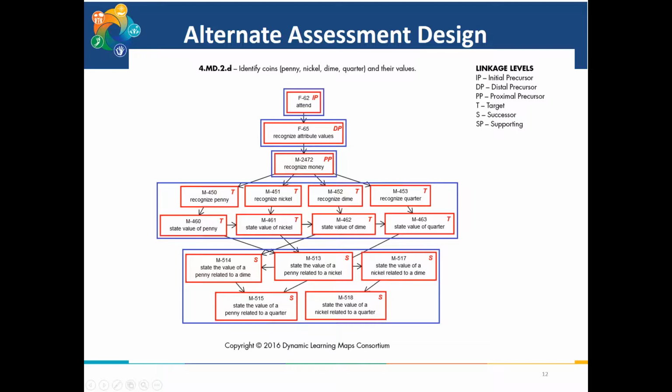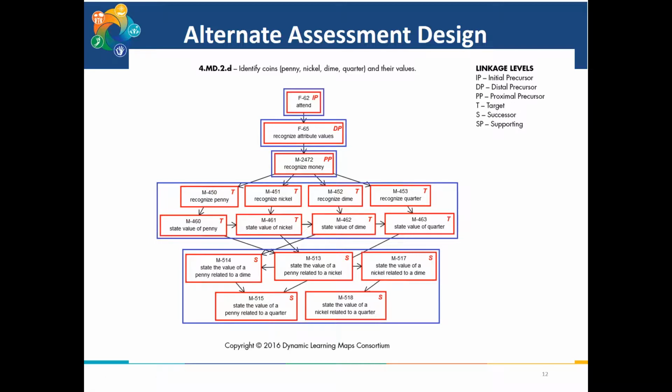So there are different ways in which you can use this assessment design to know where the students are, but also know where you want to take them. So let's say that student is attending, you may want to get them to begin to attend to the money over the ball to bring them up to this level. So this is kind of how we can use this assessment in our instruction.